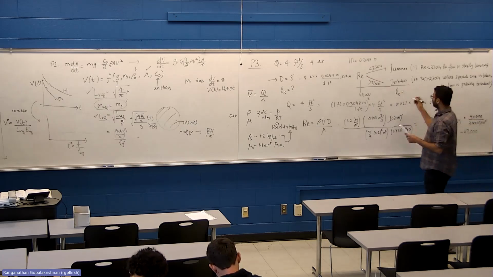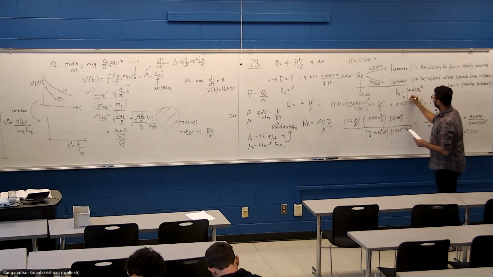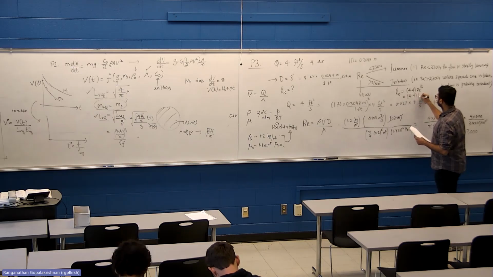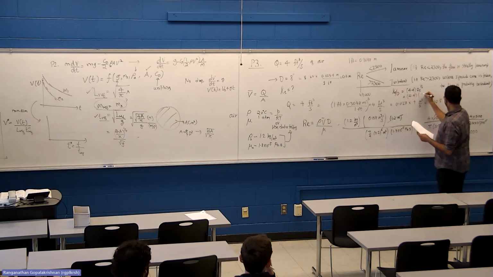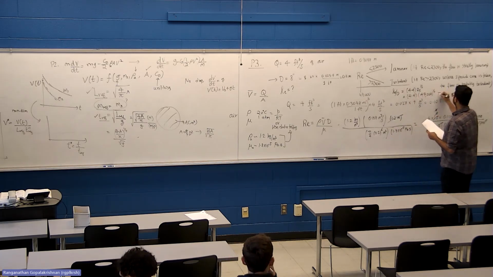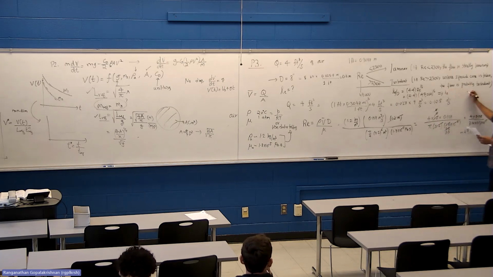Entrance length over D equals 4.4 times Reynolds number to the 1/6. So that's 4.4 times 47,000 to the 1/6. So if you want entrance length, you have to multiply this by D. Can we do the calculation?